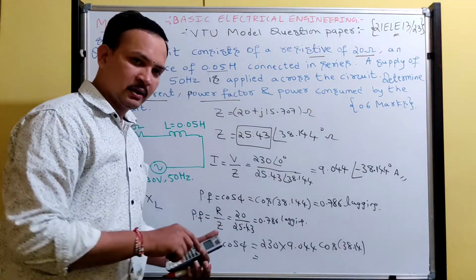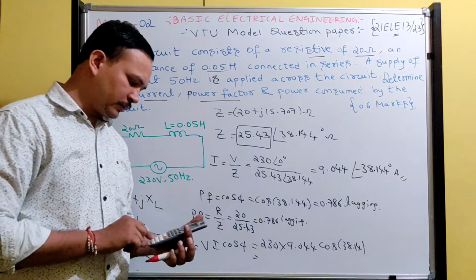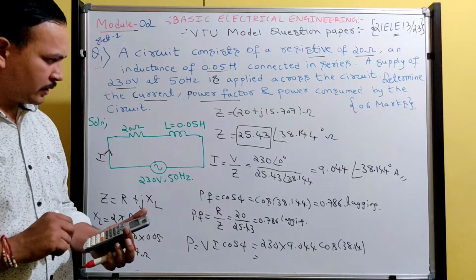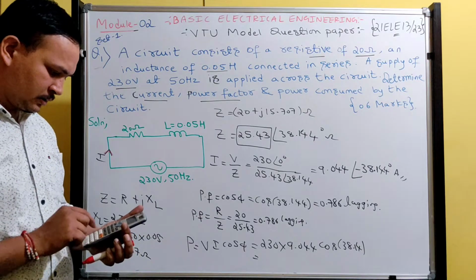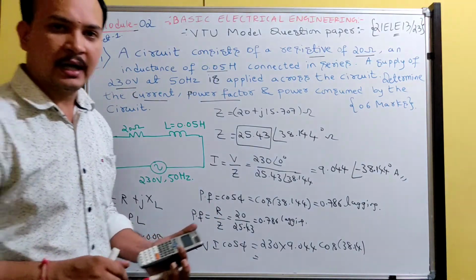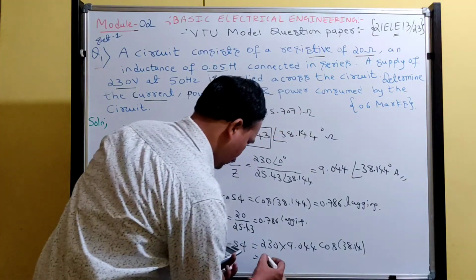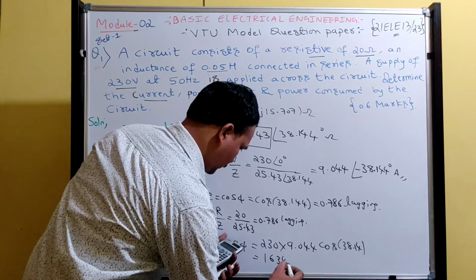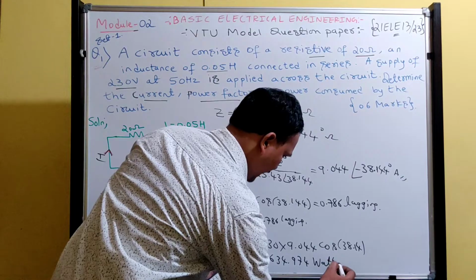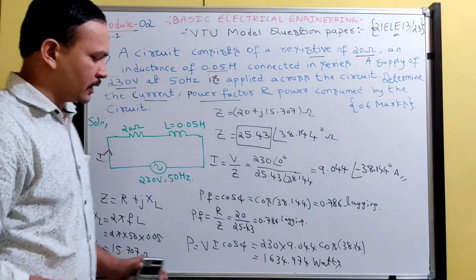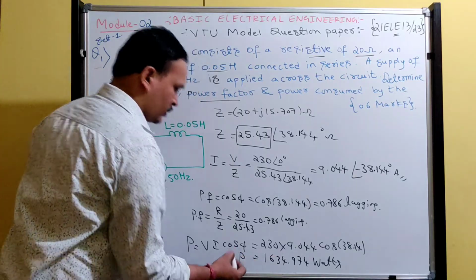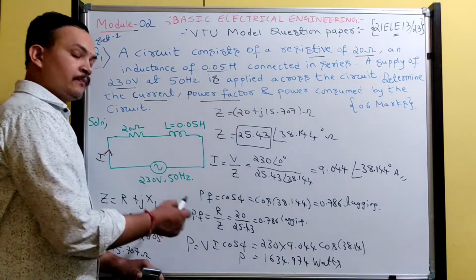Calculate: 230 into 9.044 into cos 38.144 gives around 1634.974 watts. If your answer is more than 1000, you can represent it in kilowatts, no issue. Otherwise, keep it in watts only. So this is the power consumed by the circuit.